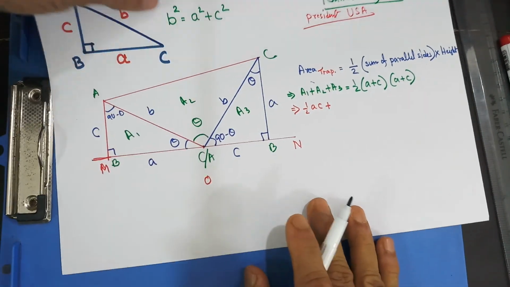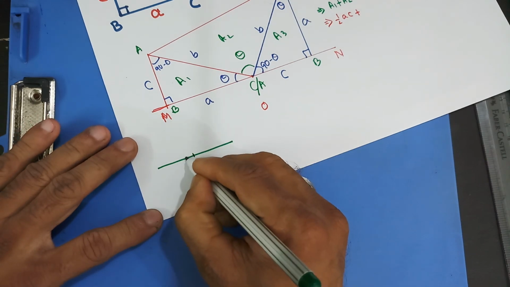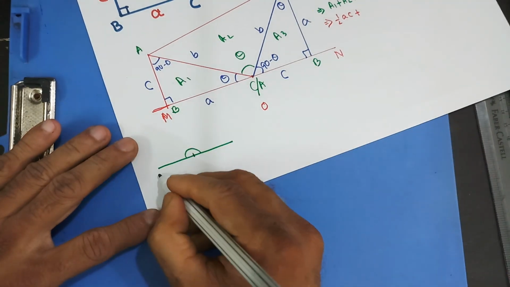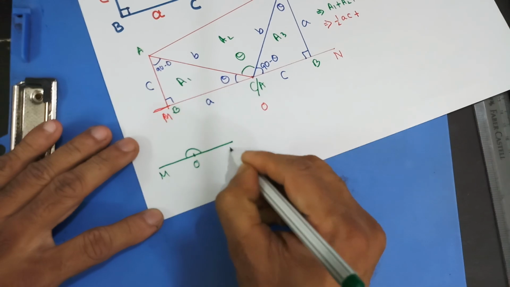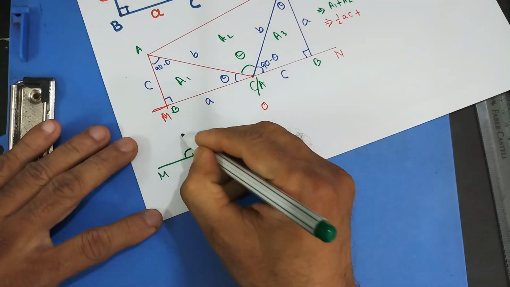Now I hope you know that, okay, if this is a straight angle, remember I put MON, that was the reason I put these 3 letters over here, MON, and this is 180 degree.